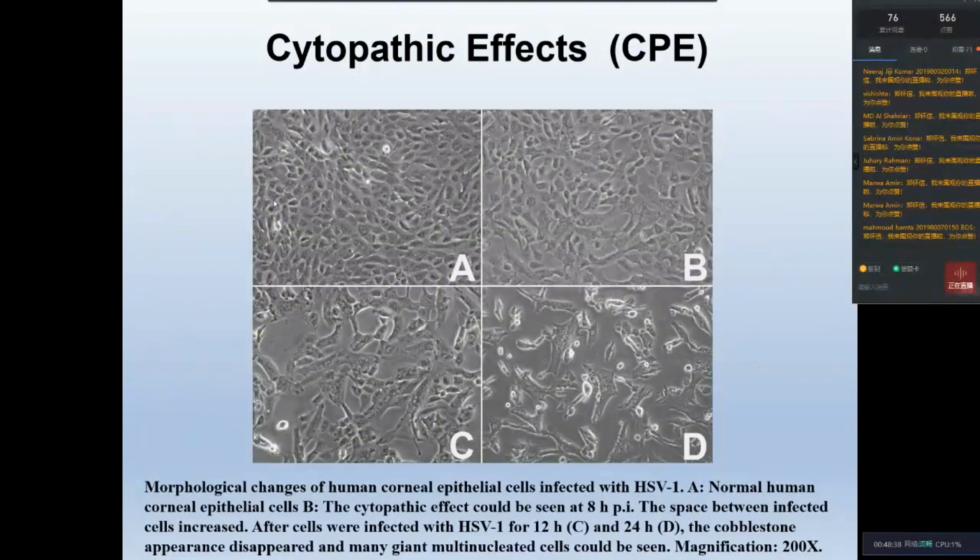On the host level, on the body level, the viral infection can elicit different results. Some infection is inapparent. Inapparent means that there is no obvious clinical symptoms. So from outside, you have a patient coming in, you cannot tell the symptoms. They look normal.